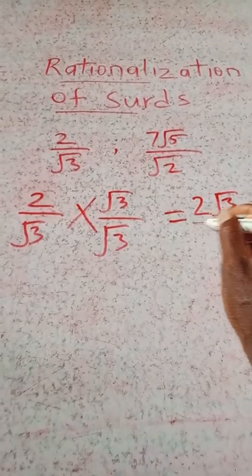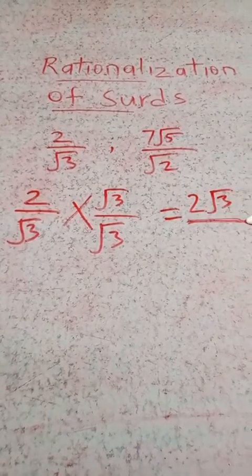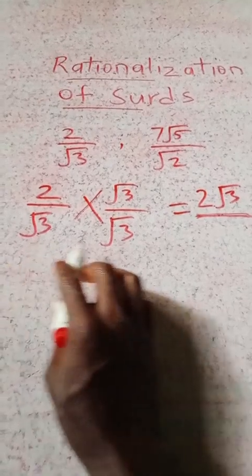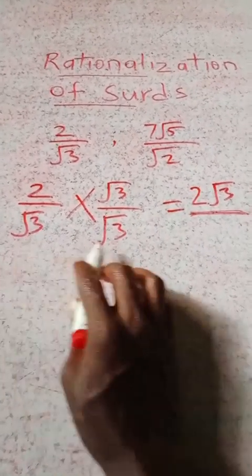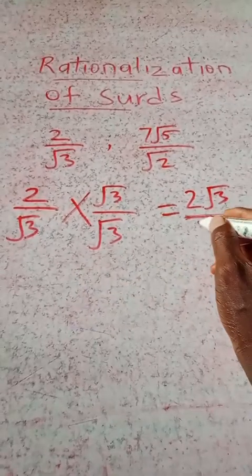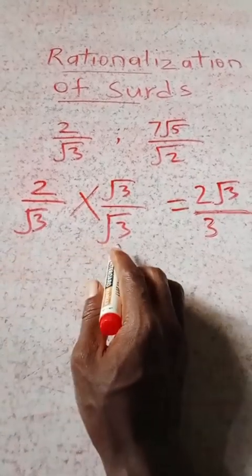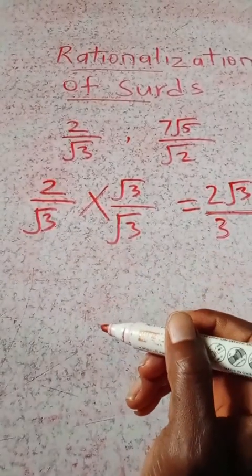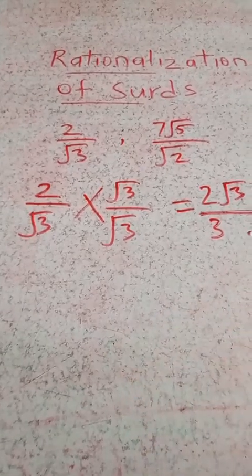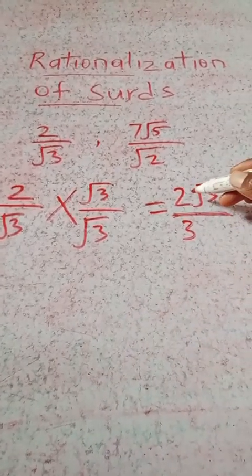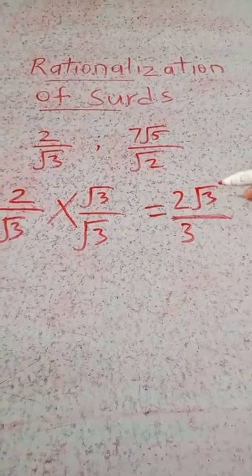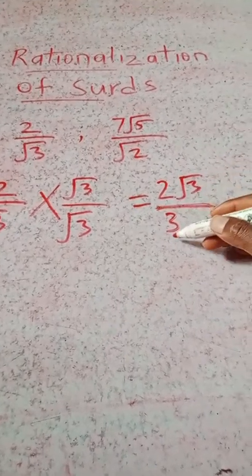Then all over root 3 times root 3. Root 3 times root 3 is 3. I told you before that when the roots are the same and you are multiplying, it's just the number in the root. So look at it. The answer is now 2 root 3 all over 3.